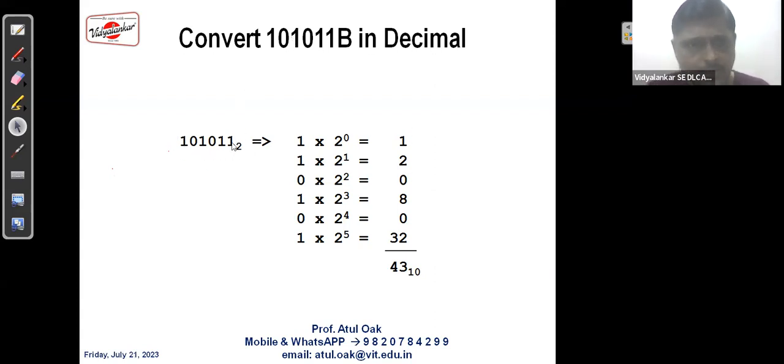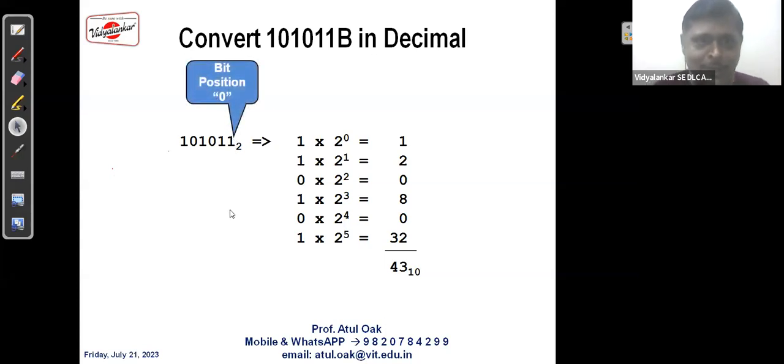This is my decimal. Okay, and of course this particular bit is my position 0. I think already we talked about it. So this particular bit is called LSB, whose position is 0. Then this is position 1, position 2, position 3, position 4, position 5.